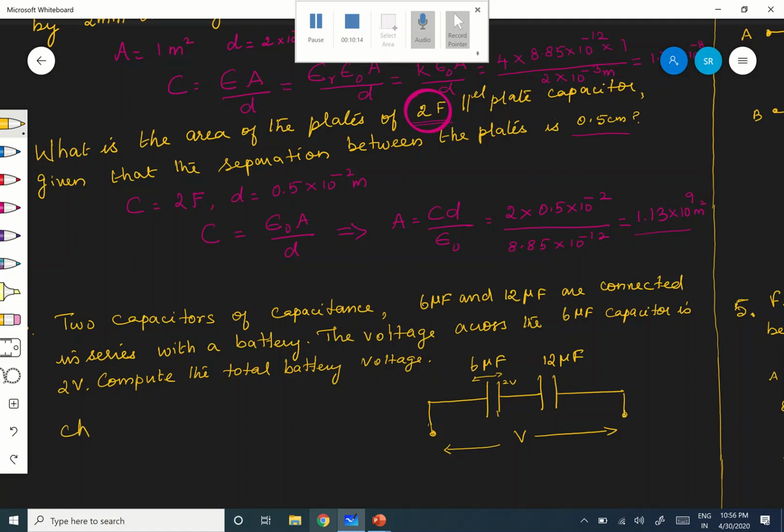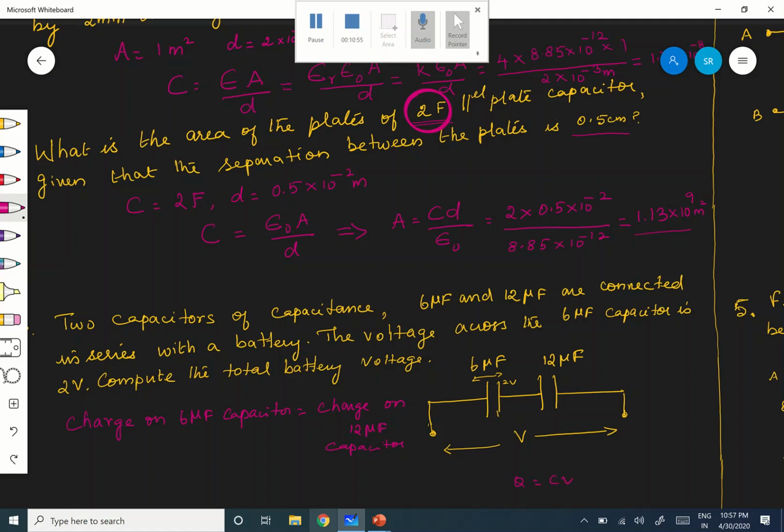Therefore, the charge on the 6 microfarad capacitor should be equal to the charge on the 12 microfarad capacitor. What is the charge on the 6 microfarad capacitor? Q is equal to CV, the charge formula.